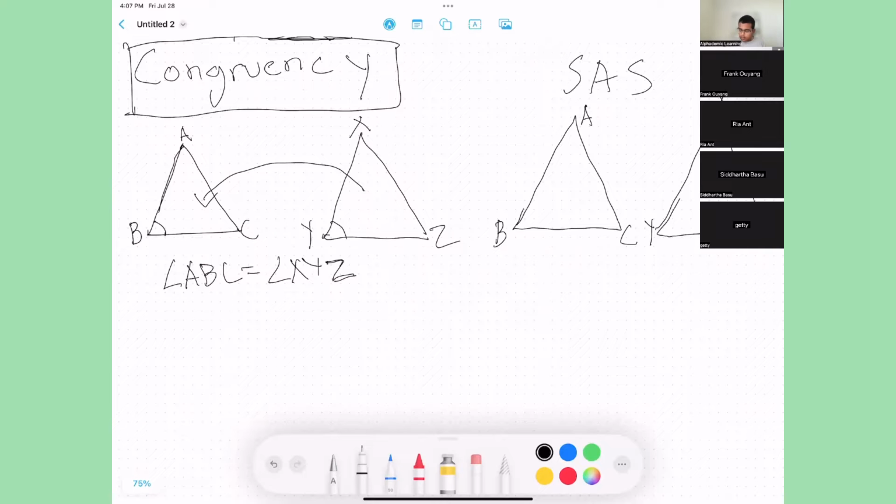Congruence theorems are based upon what you're given in the problem about those two triangles, right?